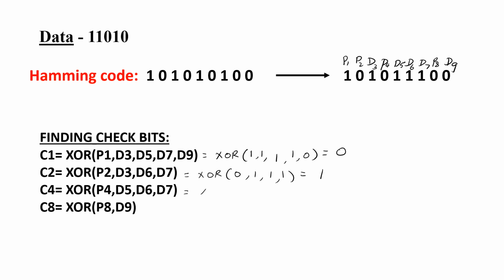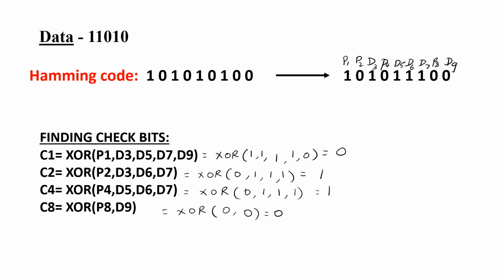Then C4: the XOR of P4 is 0, D5 is 1, D6 is 1 and D7 is 1. Again an odd number of 1s, so the output is 1. Then C8: the XOR of P8 is 0 and D9 is 0, so the output is 0, an even number of ones.